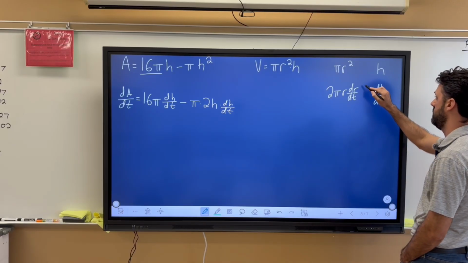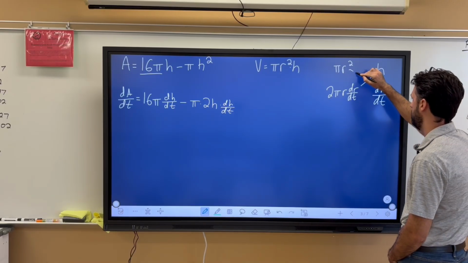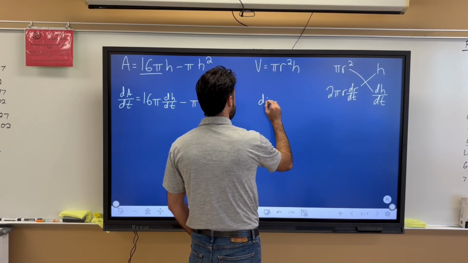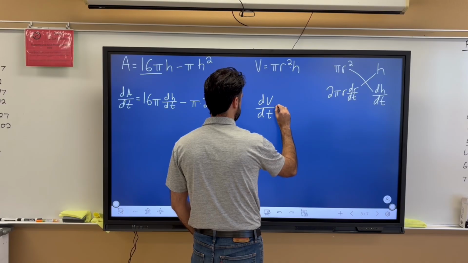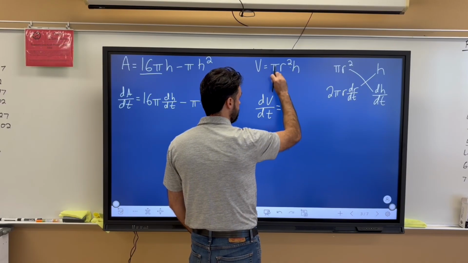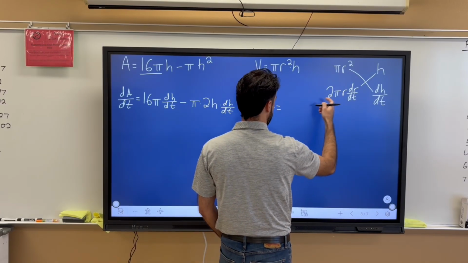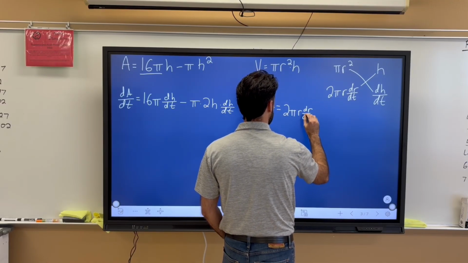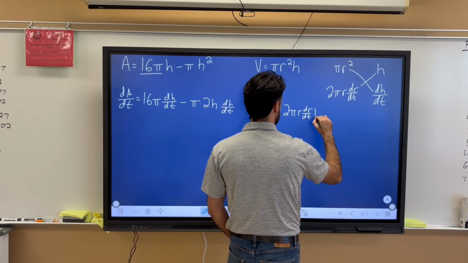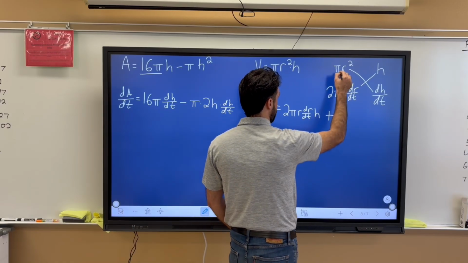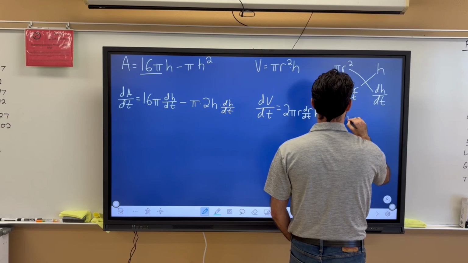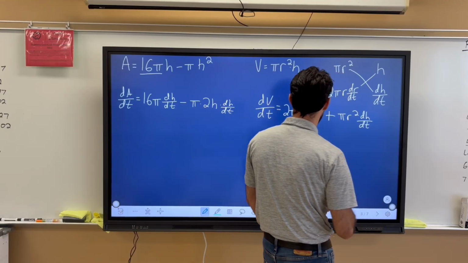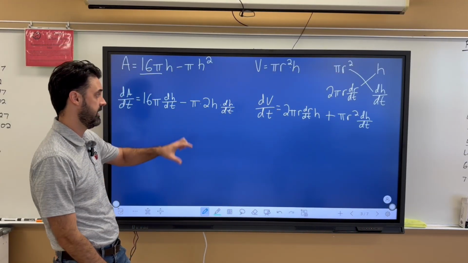All right, so again, product rule, we multiply these two, we multiply those two, we put a plus in between. So v, its derivative is dv over dt. And again, taking the derivative of a product, we have to use our rule here. So I'm going to do 2 pi r dr dt multiplied with h, and then plus pi r squared times dh dt.